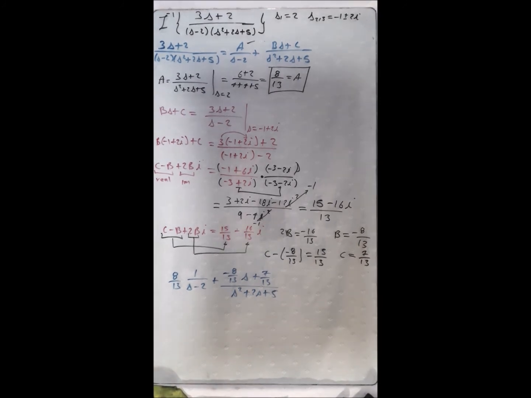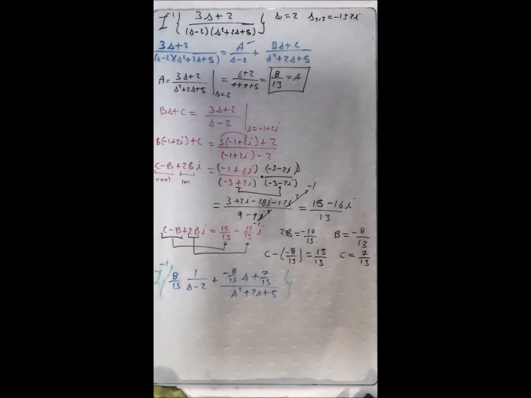If we are going to calculate the Laplace inverse, then we are going to make the calculation of this. Instead of making the Laplace inverse of this, we are going to do the Laplace inverse of this. So as you can see here, this is very easy, it's the exponential, but this one is not easy to see.